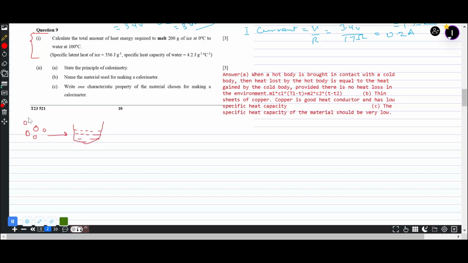So this is 0 degree ice. I have tried to make some kind of small ice stones, and this is my 0 degree centigrade water. And then I am heating it up further. So what happens is water reaches a temperature of 100 degree centigrade, right?